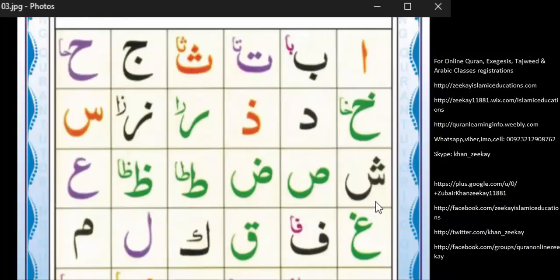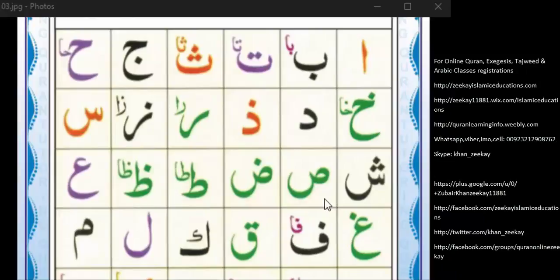The next letter is Shin. Letter Shin is pronounced by touching the tongue's middle part to the upper palate.